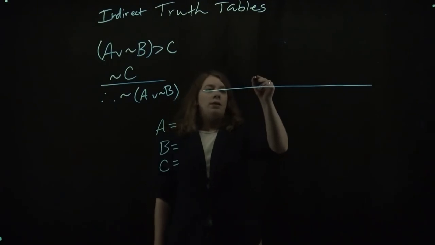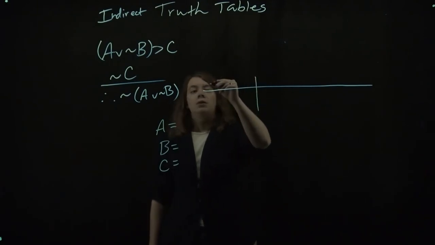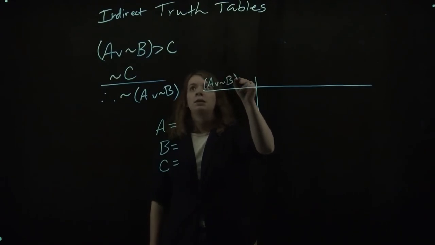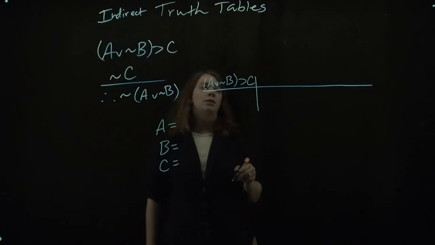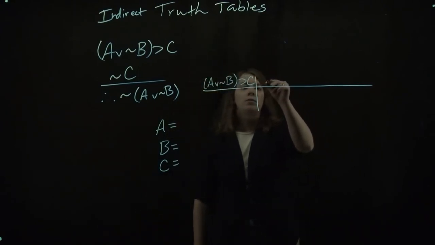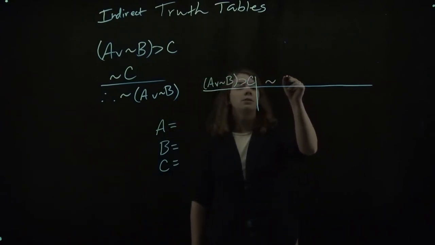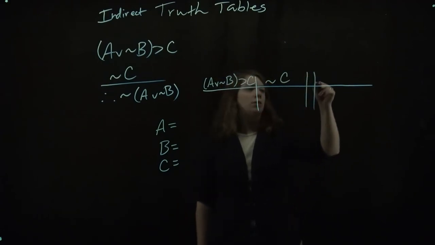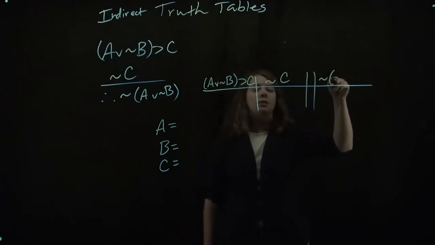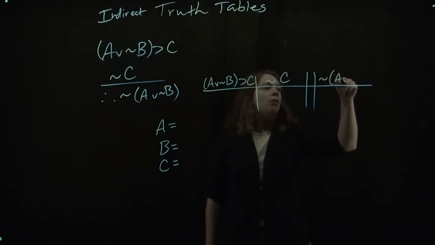Again, we're going to have a little column here for the first premise, which is A or not B, horseshoe, therefore C. And then we have another column for our second premise, not C. And then again, we have our conclusion here of tilde, not A or not B.